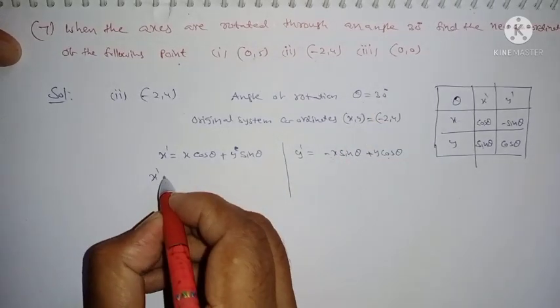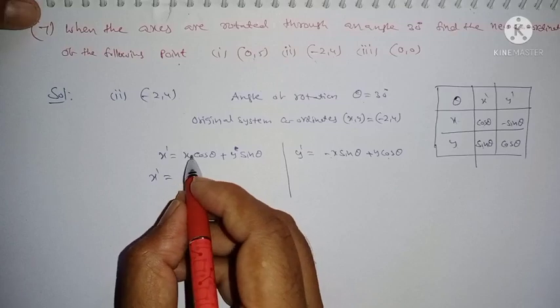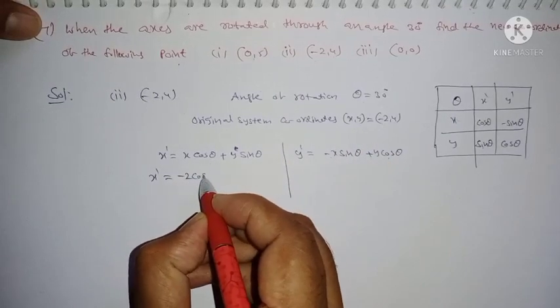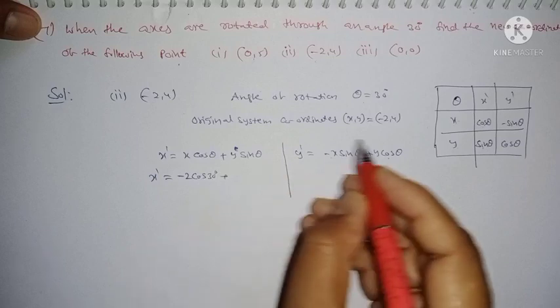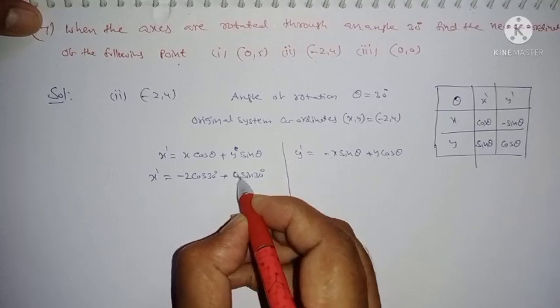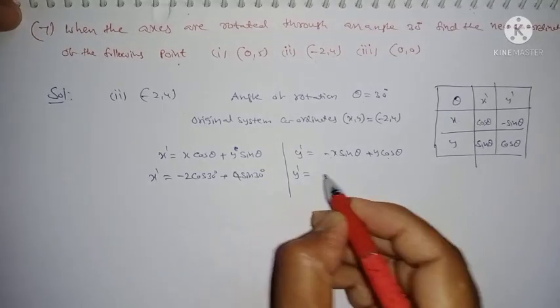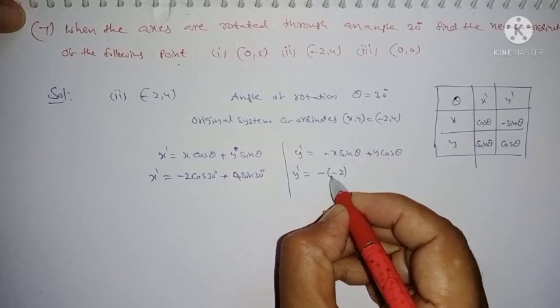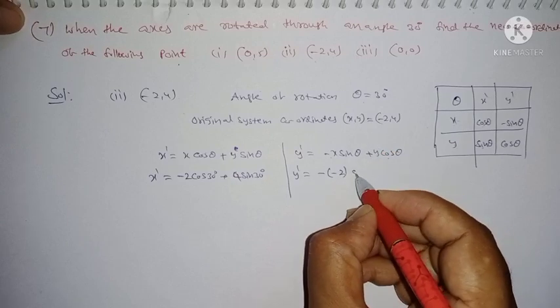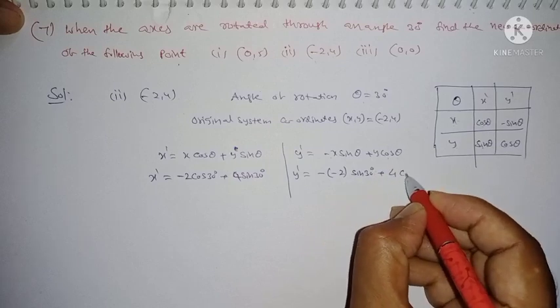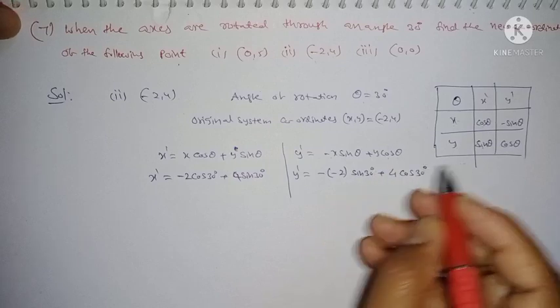What will we get here? x dash is equal to, x is nothing but minus 2 cos 30, y is nothing but 4 sin 30, theta is 30 degrees, and y dash is equal to minus of x, which is minus 2, sin 30, y is nothing but 4 again cos 30 degrees.